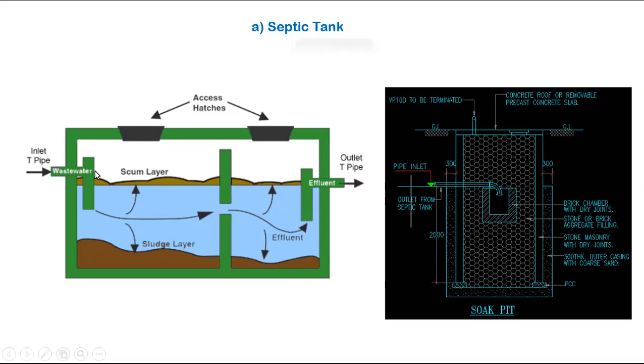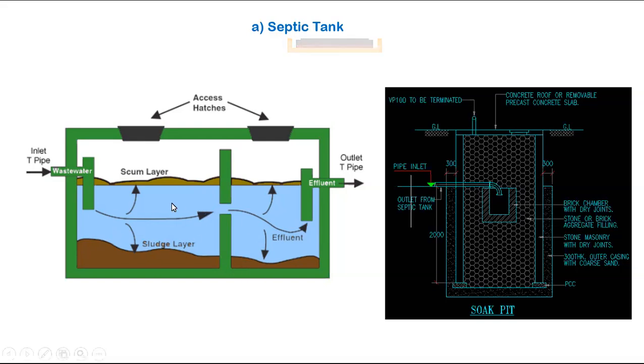Our inlet drain water will go into one chamber. In this chamber, a scum layer and a sludge layer will separate. Scum means floating material, and the sludge layer is denser than water, so it will go under the water.